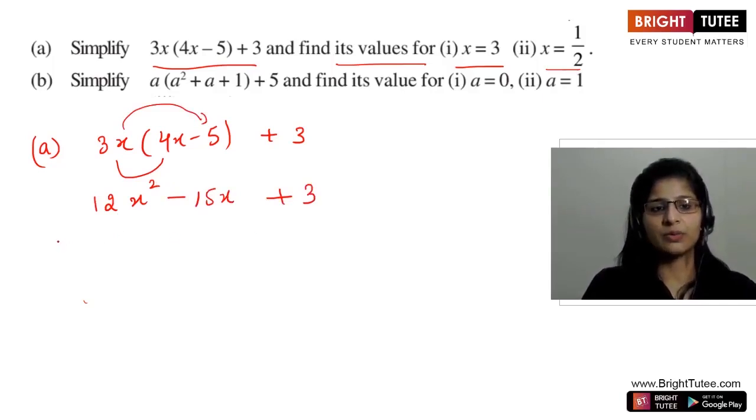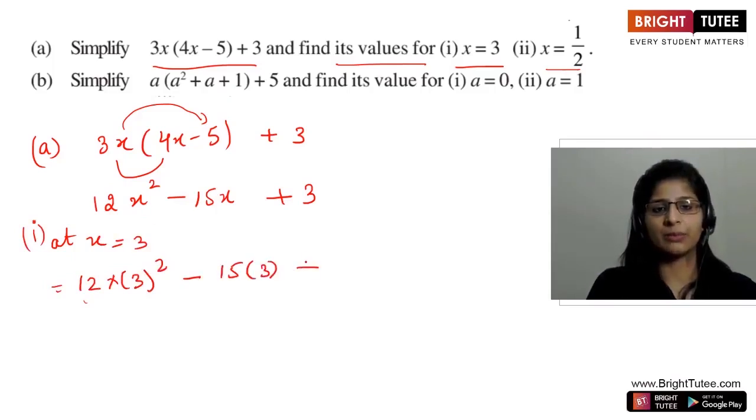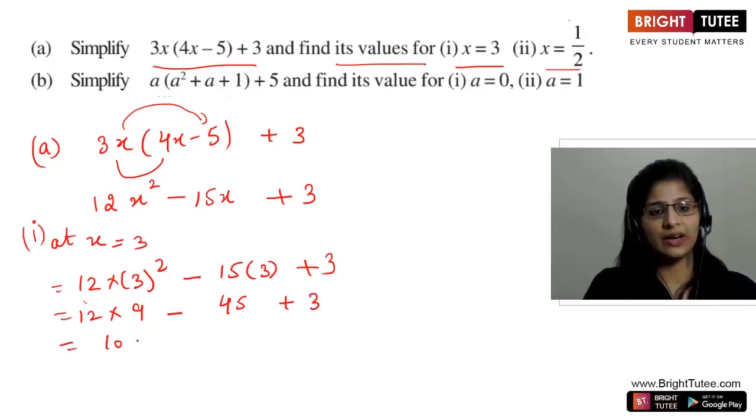We have. So we will put x equal to 3. That is the first part. Let us put x equal to 3. We will get 12 into 3 square, instead of x we put 3, minus 15 into 3 plus 3. So we get 12, 3 3s are 9, minus 15, 3 3s are 45, plus 3. So 12 into 9 we get 108 minus 45 plus 3.